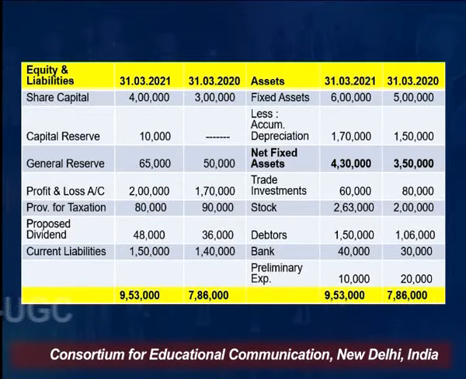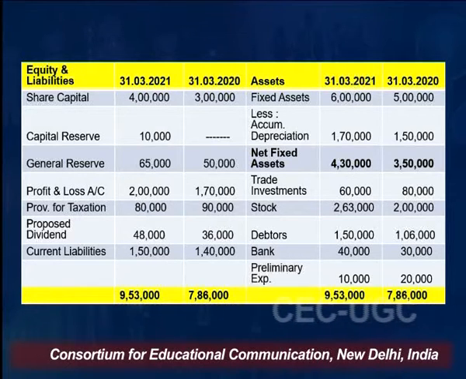I'll tell you how to deal with this share capital, but at first glance, it is an increment. So the company must have gone for issuing fresh equity, and this 1 lakh rupees is an addition, a cash inflow under the head of financing activity.